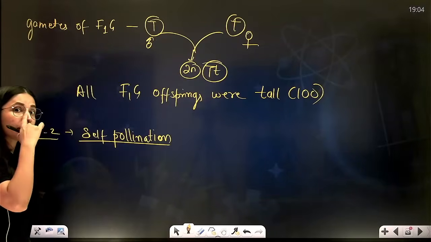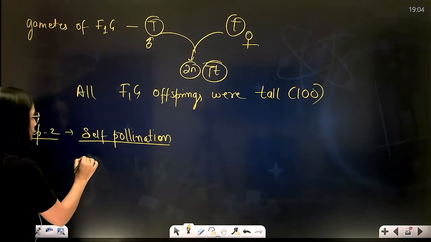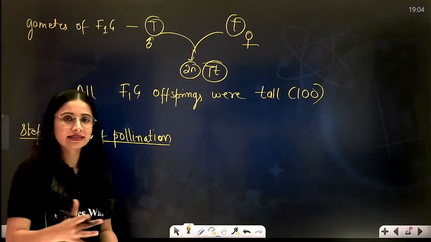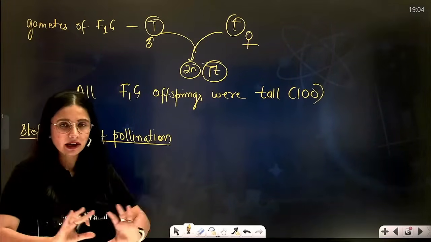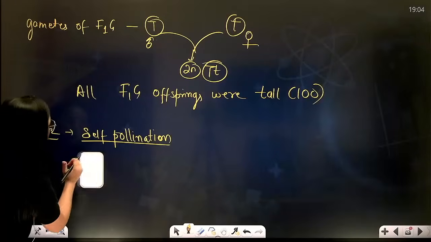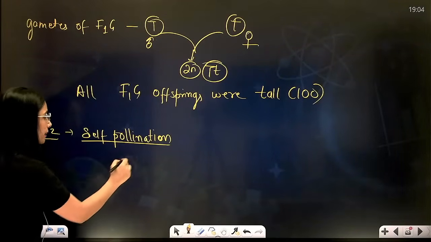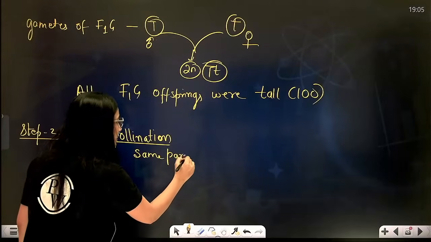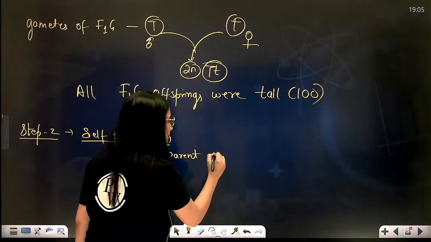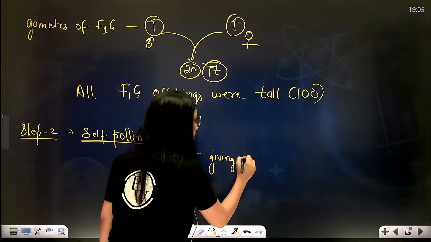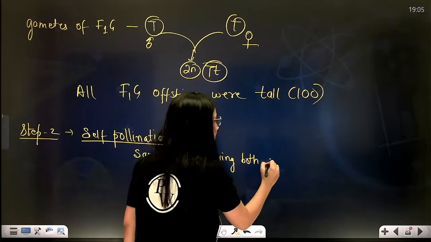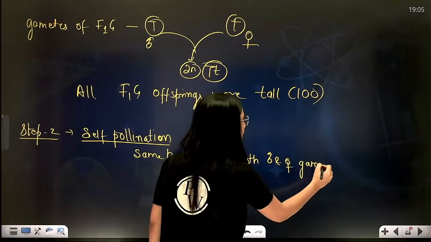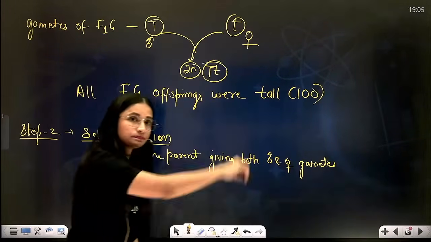Now, what will happen in self-pollination? The same flower is acting as the male, and the same flower is acting as the female. Simply self-pollination is taking place. Now, what is the genotype of the same parent? The same parent is giving both male and female gametes because the parent is bisexual.